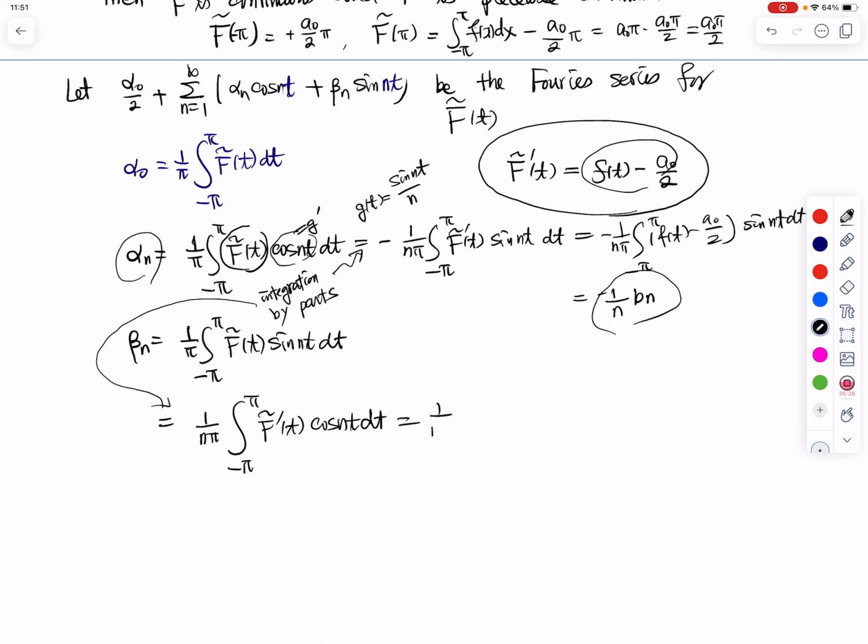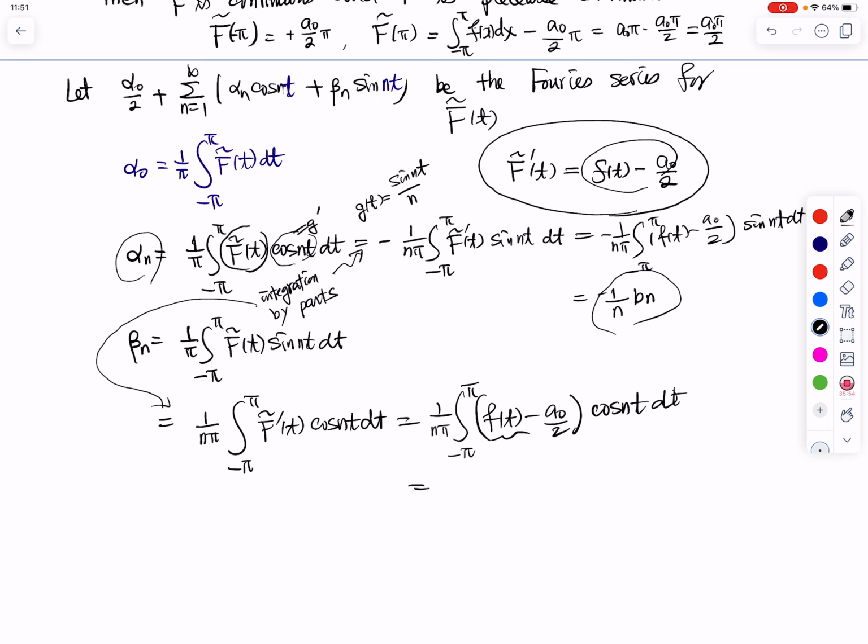The second integral part becomes 0, because the integral of cosine is 0 for a periodic function.